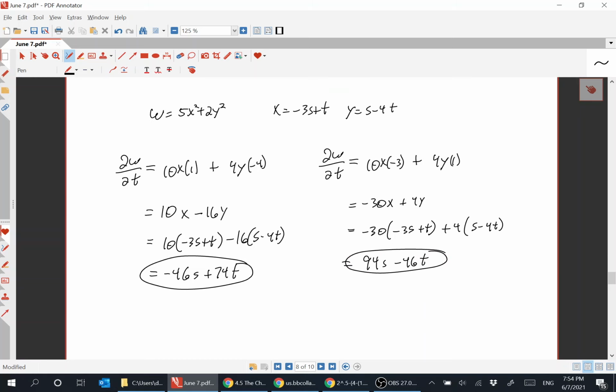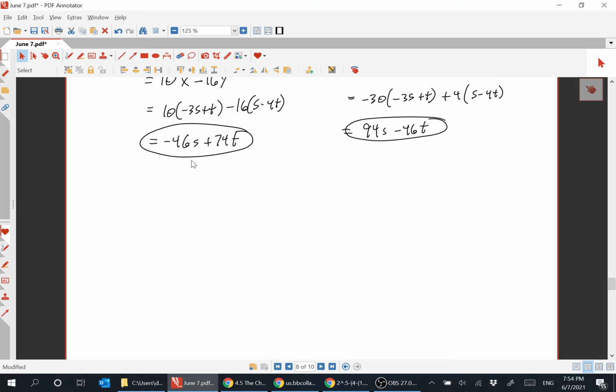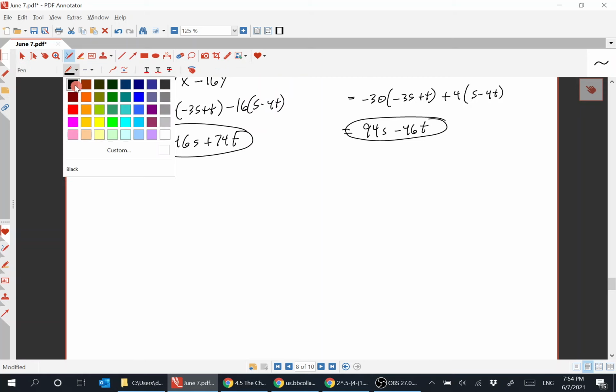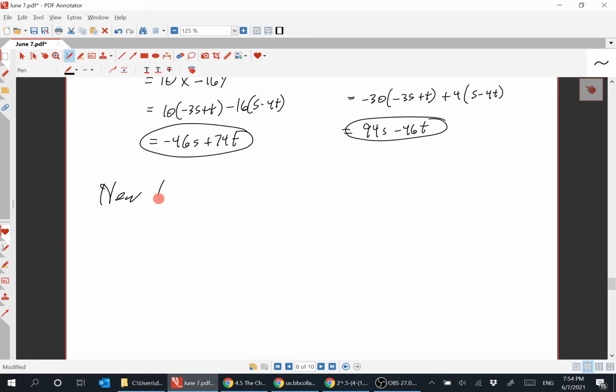Now let's translate w into s and t, then calculate the partial derivatives. Now let's recalculate partial w with respect to s and partial w with respect to t without the chain rule.